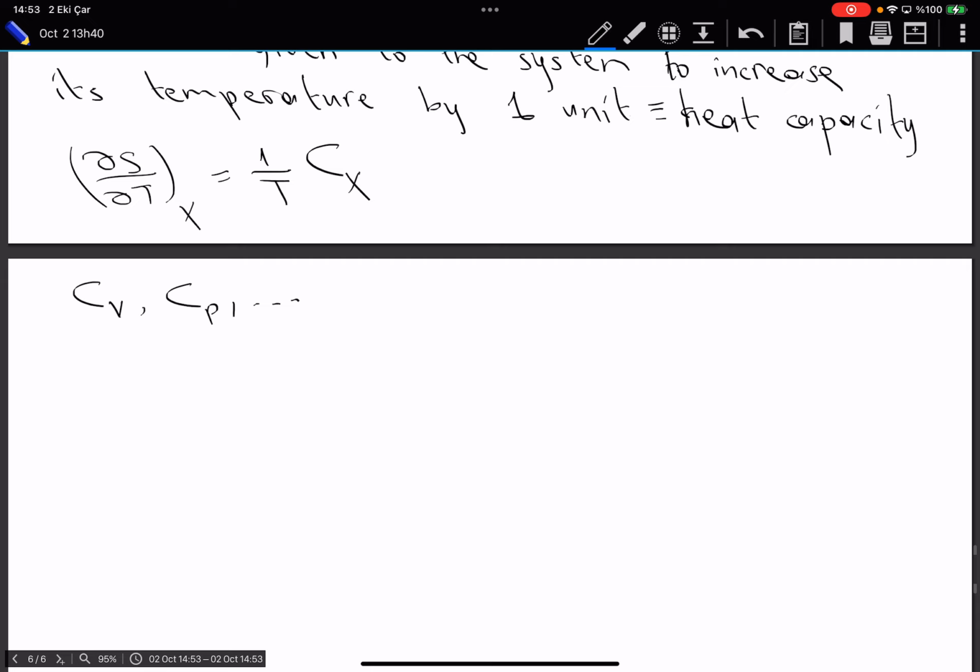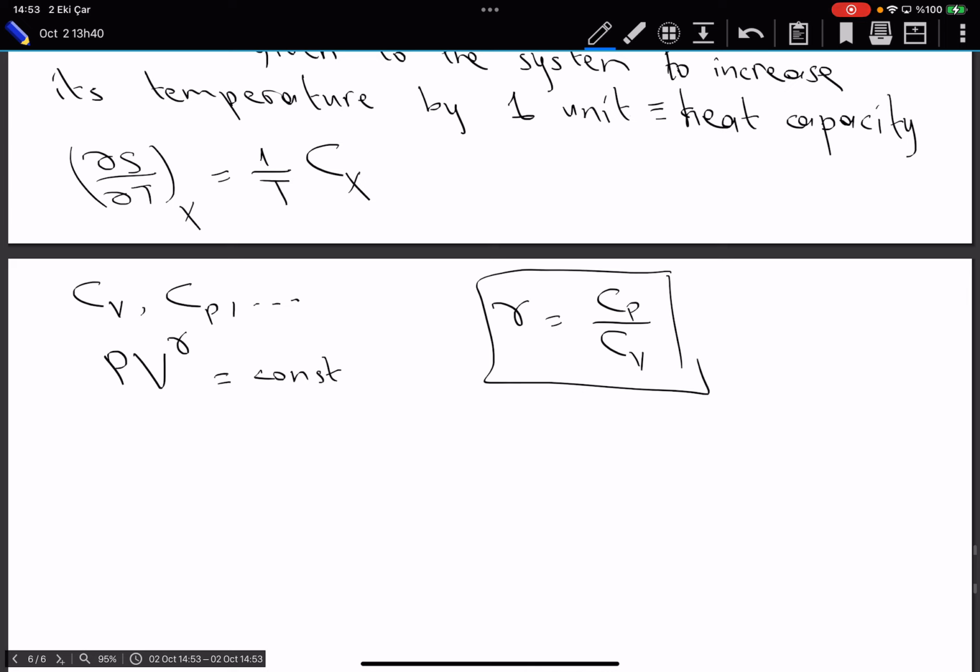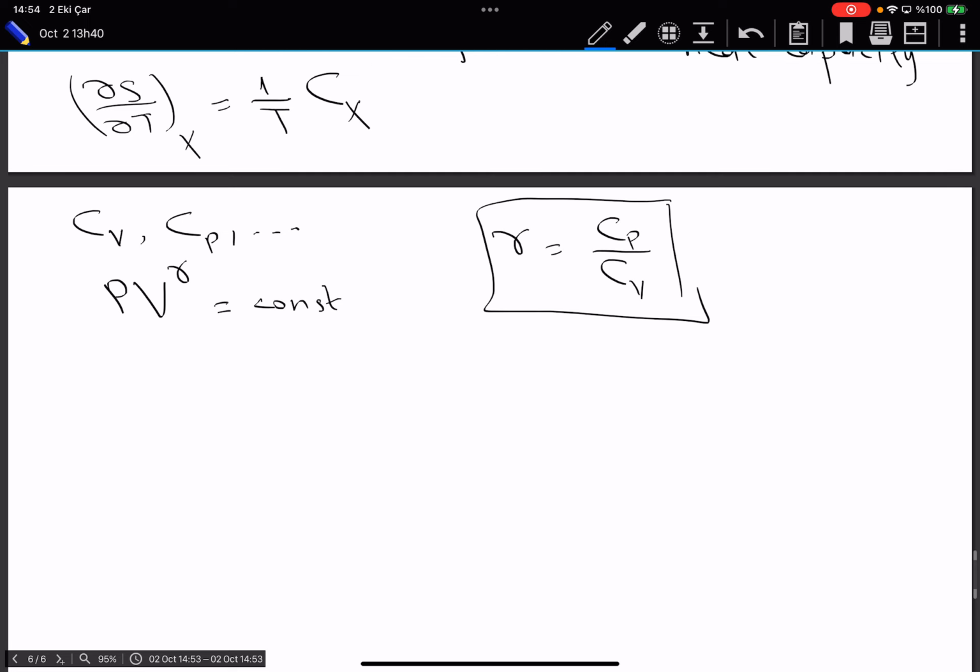In fact, you can actually prove that PV to the gamma is constant in an adiabatic process. Gamma is actually Cp over Cv for a general gas. And well, you will probably have a homework for that. This PV to the gamma equal to constant in an adiabatic process holds if PV is equal to NkT.